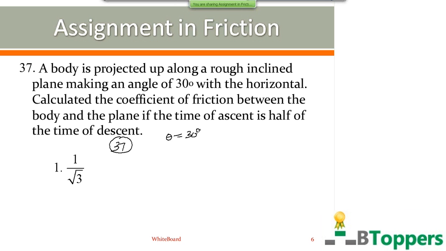This problem follows the same procedure as the previous problem. The ratio of time of ascent to the time of descent is given by the root of (tan theta minus nu) by (tan theta plus nu).